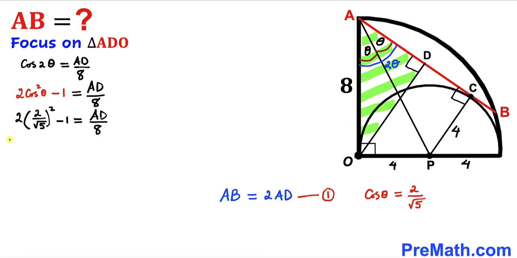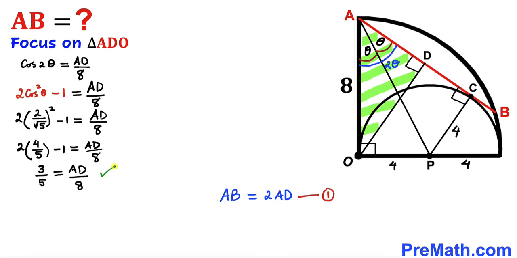Let's simplify. That is going to give us 2 times 4 divided by 5 minus 1 equals AD divided by 8. Now let's focus on the left hand side. When we multiply, that gives us 8 divided by 5 minus 1, and if we simplify this, that is going to give us 3 divided by 5.